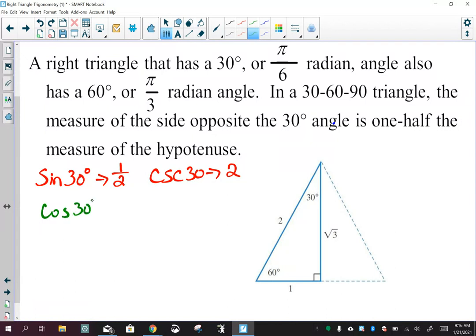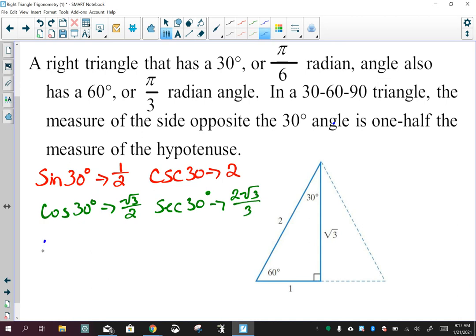Cosine of 30 degrees is going to wind up being square root of 3 over 2, which means my secant of 30 degrees will wind up being 2 square roots of 3 over 3.